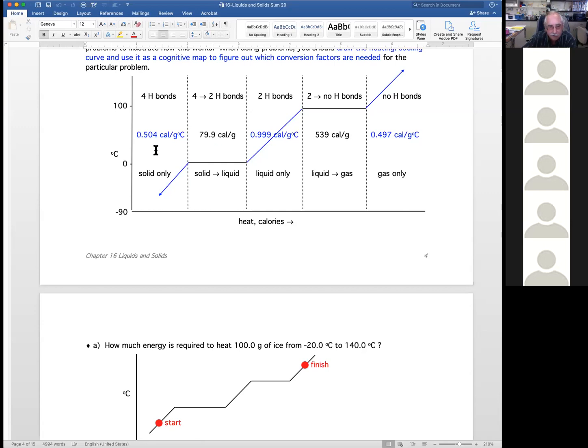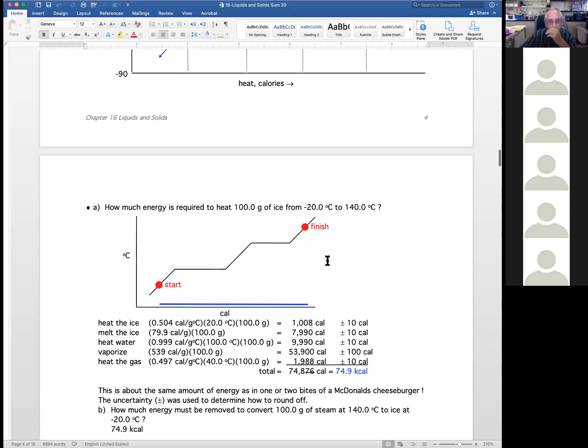And look at the conversion factors. Notice that temperature is in here and it's not in here. Why? Here the temperature changes. Here it doesn't. Same thing here and here and here. Well, what would the problems look like?